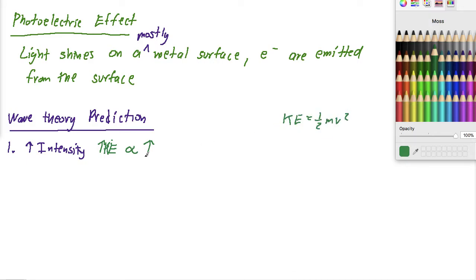So the higher the kinetic energy, the higher the velocity of the electron ejected. All right, so that's the first prediction that the wave theory makes.